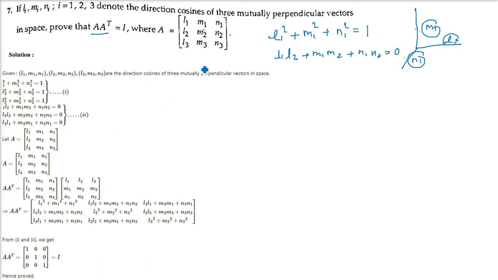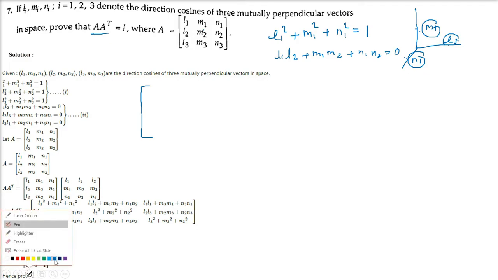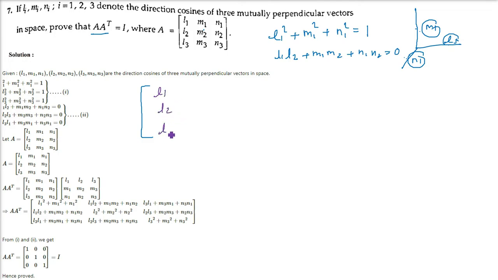Now let us multiply. So A I am writing, and then we'll write the A transpose. What is A? A is already given to us. So this is L1, L2, L3, M1, M2, M3, N1, N2, N3. So this is A. Now we'll take the transpose, so the row will be column.